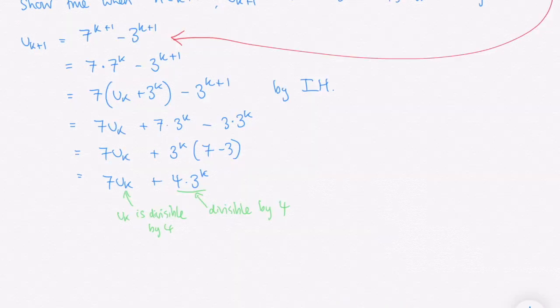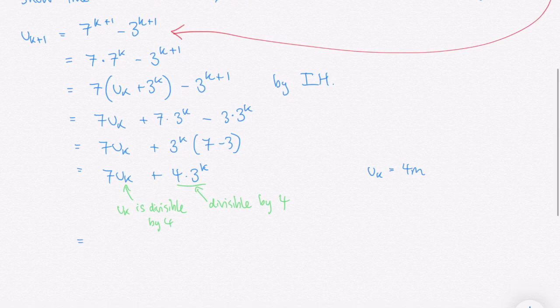I said that you might want to let u_k equal 4m for some integer m. Well, that might be clearer if we make that substitution, because we get 7 times 4m plus 4 lots of 3 to the k. So we can now take a factor of 4, and we can see that this is definitely divisible by 4.